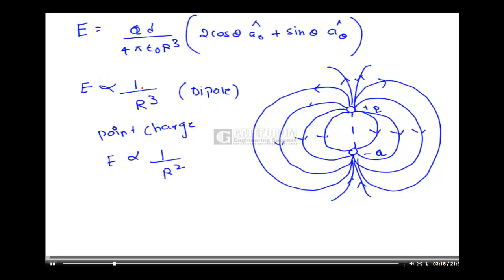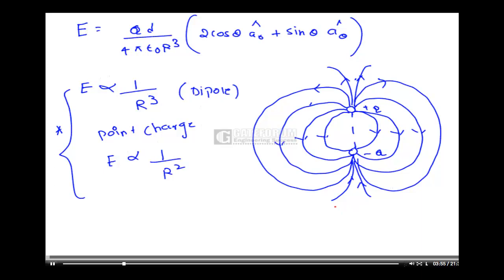Whereas for an electric dipole, the electric field intensity is proportional to 1 by R cube. So this is an important point we have to note here: the electric field intensity of a dipole varies as 1 by R cube, in contrast to that of a point charge, where the field intensity varies as 1 by R square.